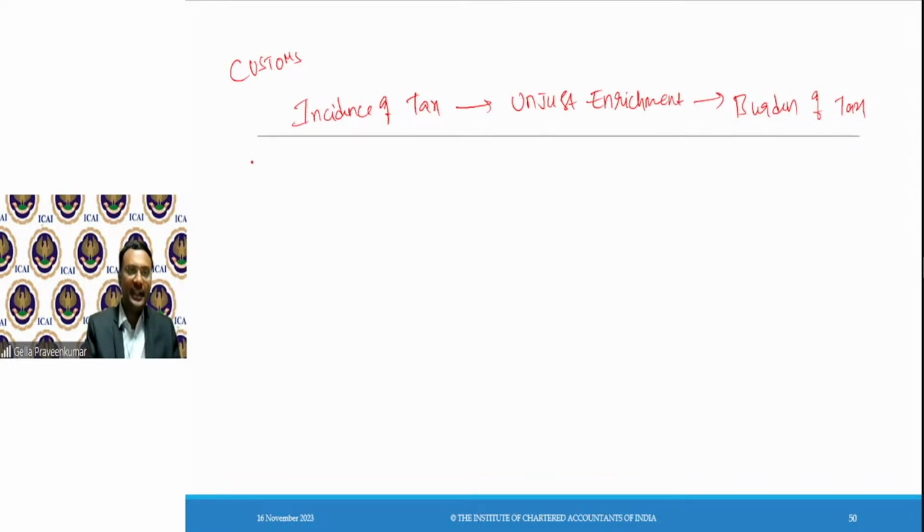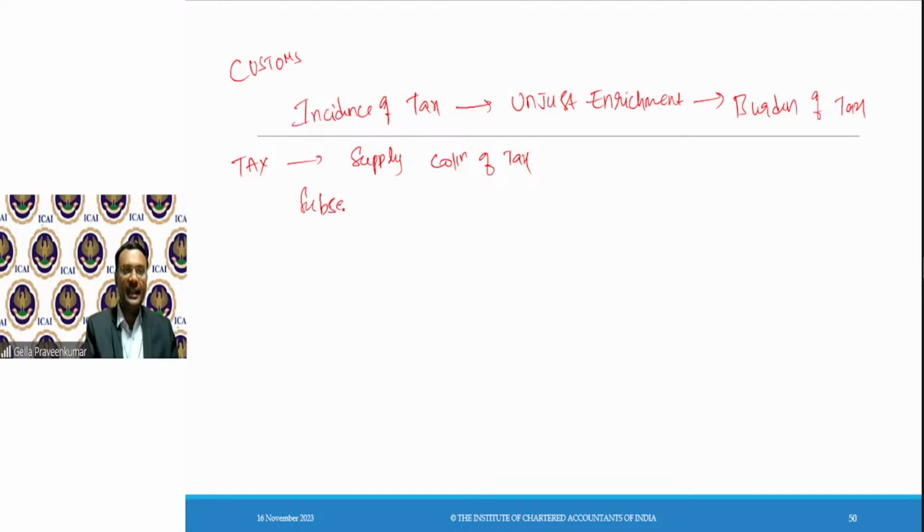The taxing authority, the tax laws say that, look, there was a supply. On supply, there is a collection of tax.